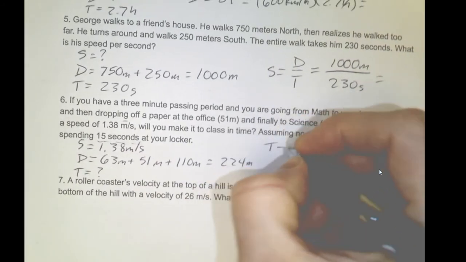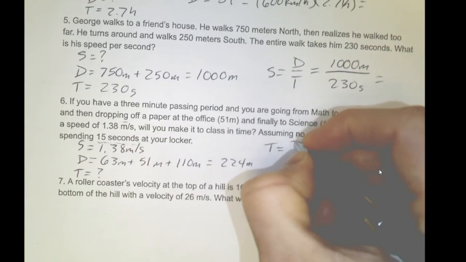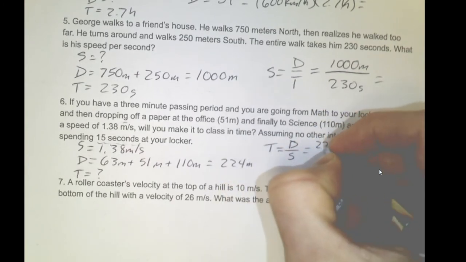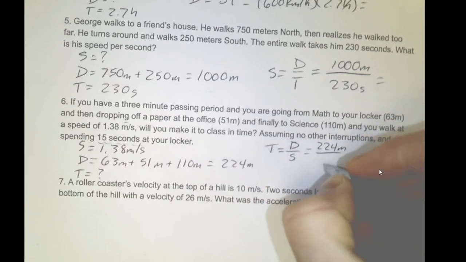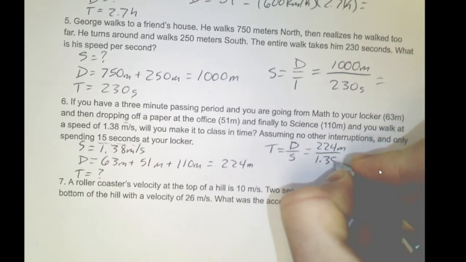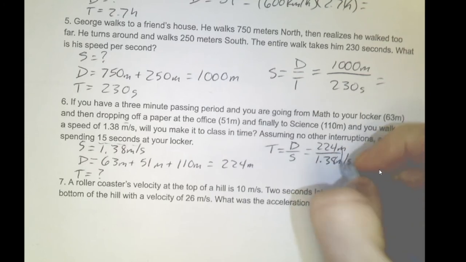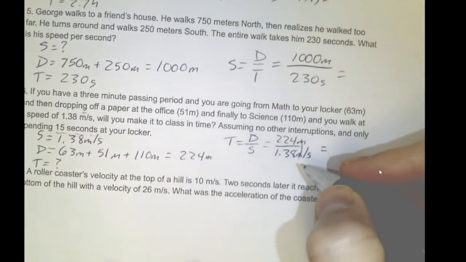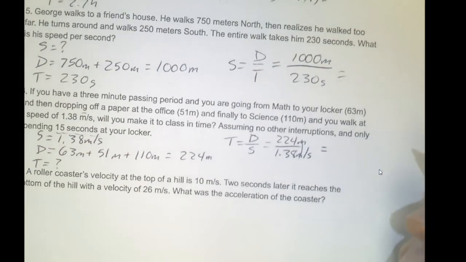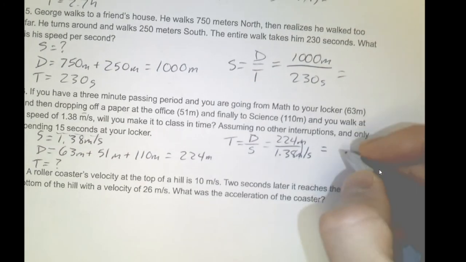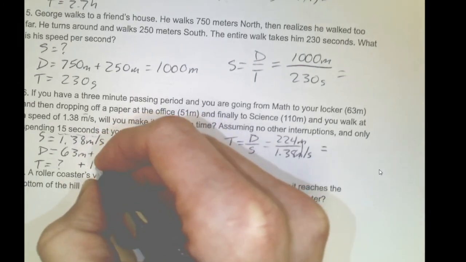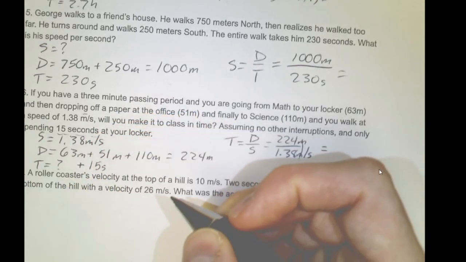So time equals distance divided by speed. So 224 divided by 1.38 meters per second. Meters cancel out. So your answer will be in seconds, and then you have to add on 15 seconds.